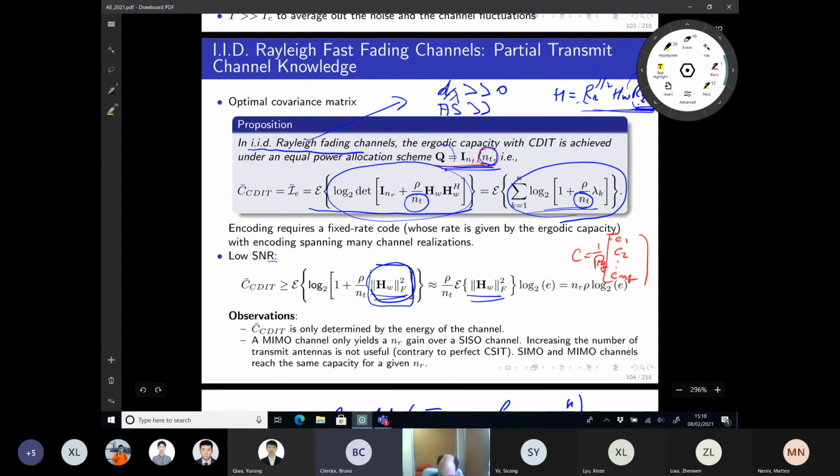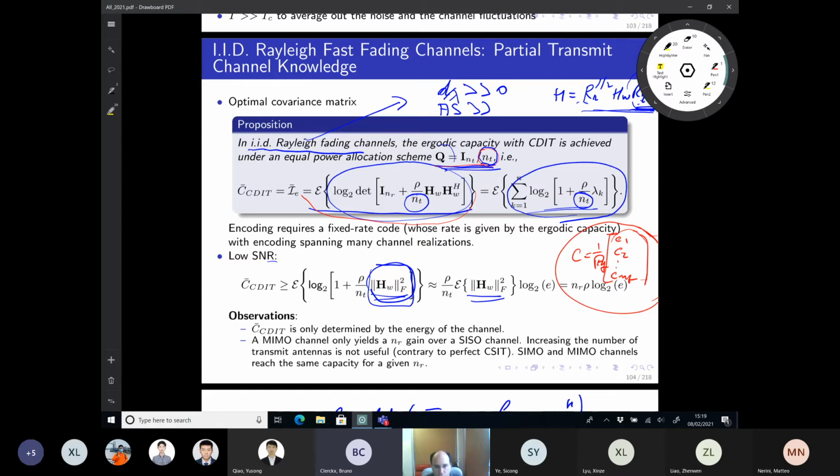That's the same. The covariance matrix of this will actually be an identity matrix because they're all independent from each other. And I have NT here because I uniformly allocate power across all the antennas, right? So what we can show is that this spatial multiplexing scheme, if you transmit an independent stream from each antenna and do joint maximum likelihood decoding at the receiver, will achieve this capacity over fast fading channel, right?